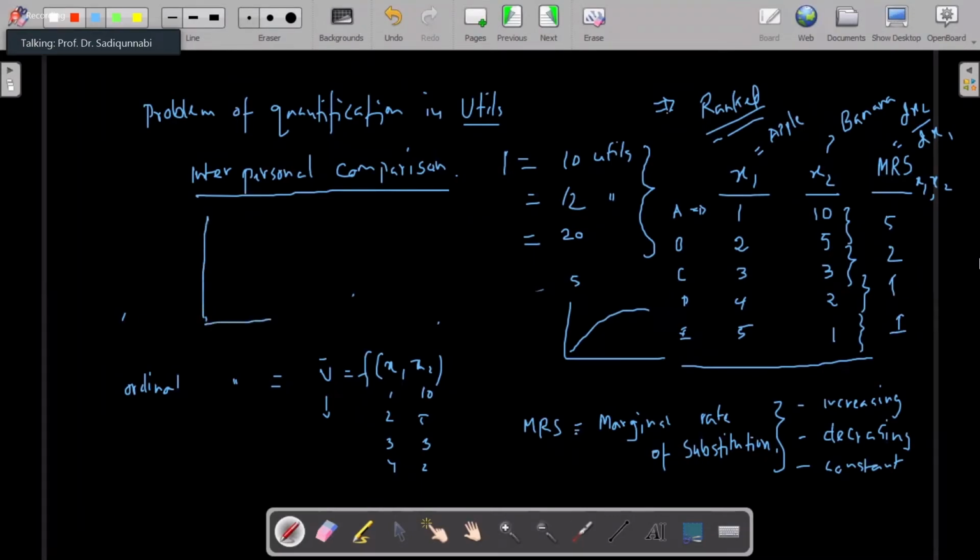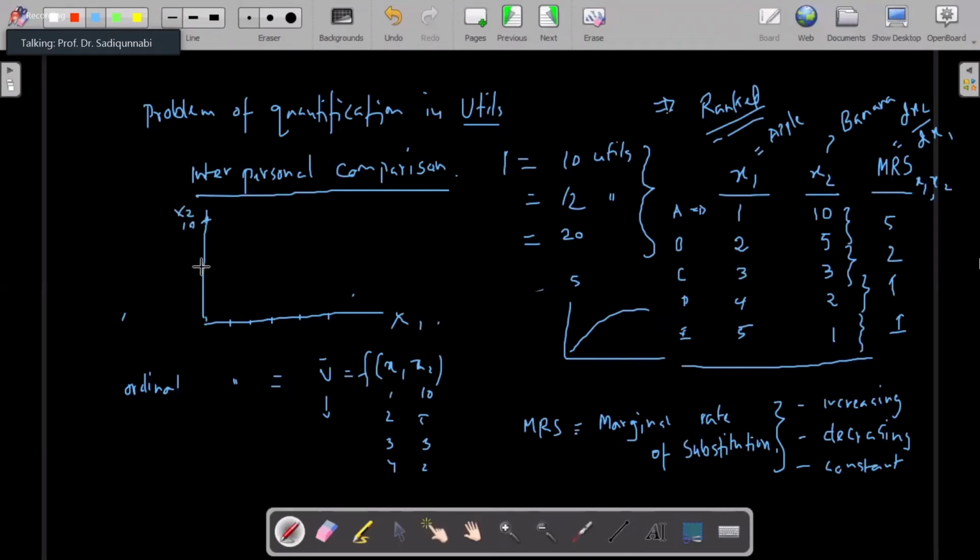X1 is increasing by 1 unit, 1, 2, 3, 4, 5, and X2 is decreasing. Suppose for 1 it is 10, here 10.